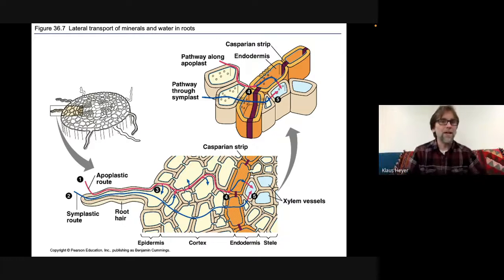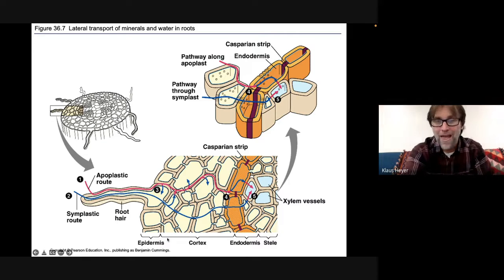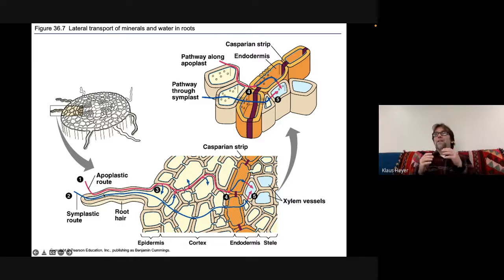What if there was a heavy metal or a parasitic egg or something, and it's using the apoplastic route? It's going in between the balloon and the box, right? There's no way to prevent something bad from getting into the plant.